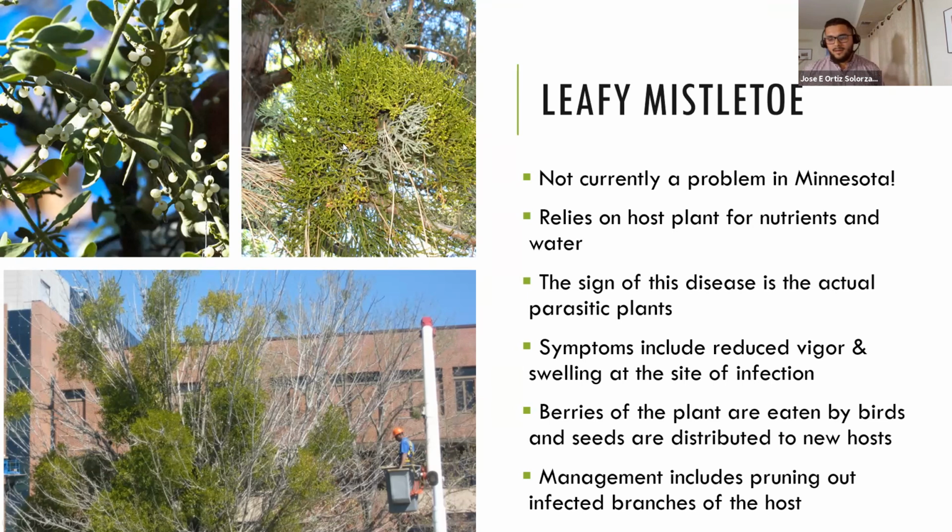The symptoms include reduced vigor and swelling at the site of infection. And the berries can be eaten by birds, which means that the seeds of the plant parasite can be dispersed to other hosts, favoring the distribution of the plant parasite.